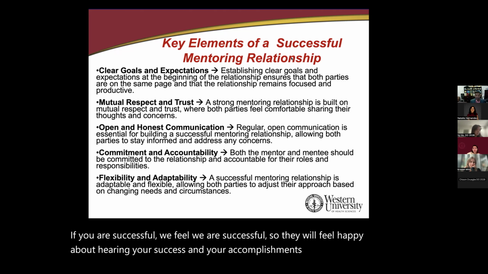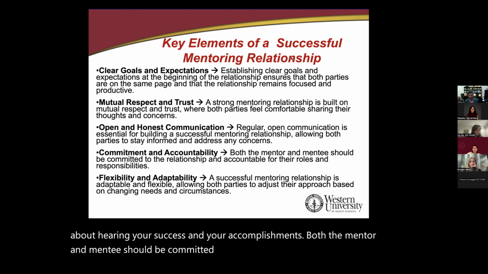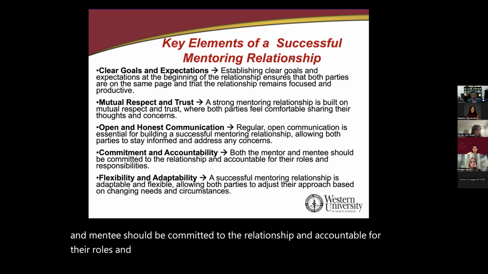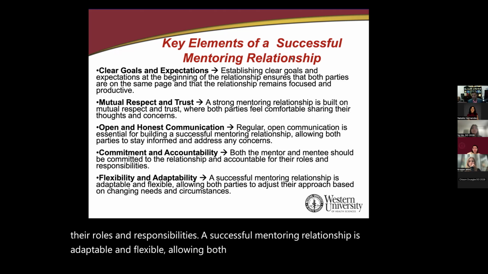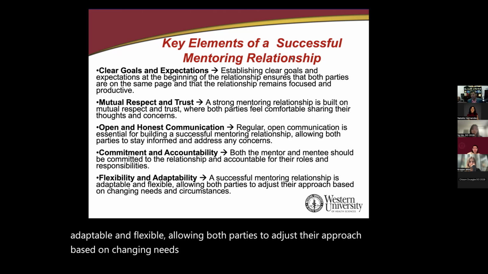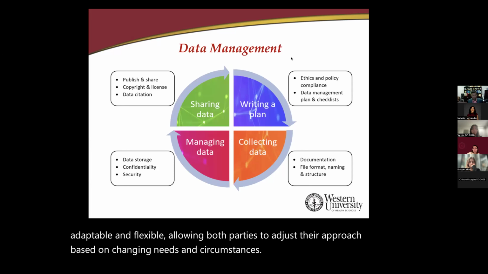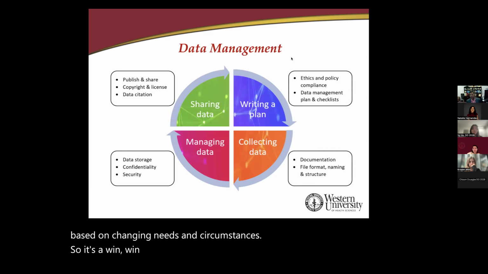Both the mentor and mentee should be committed to the relationship and accountable for their roles and responsibilities. A successful mentoring relationship is adaptable and flexible, allowing both parties to adjust their approach based on changing needs and circumstances. So it's a win-win situation in regards to the mentor-mentee relationship.